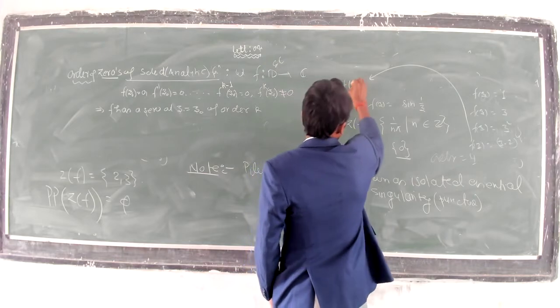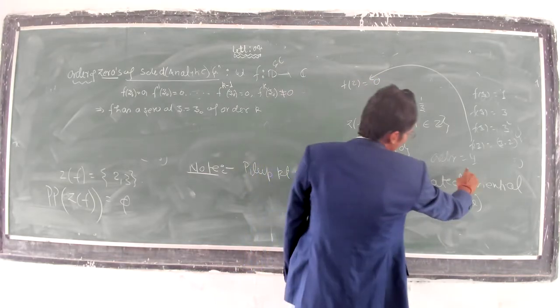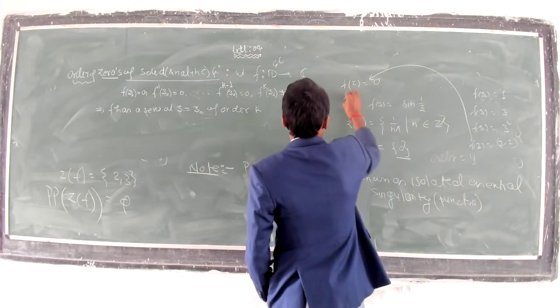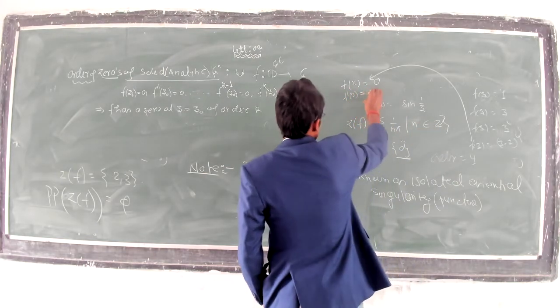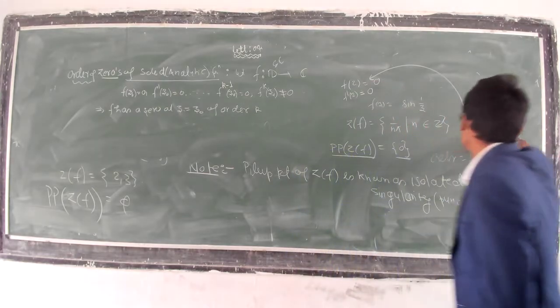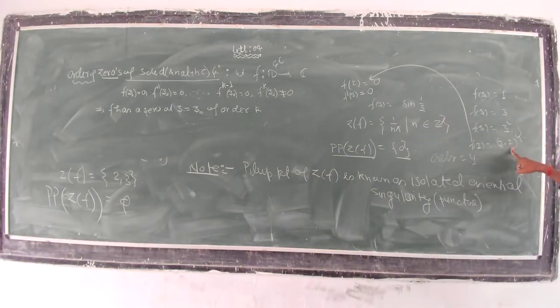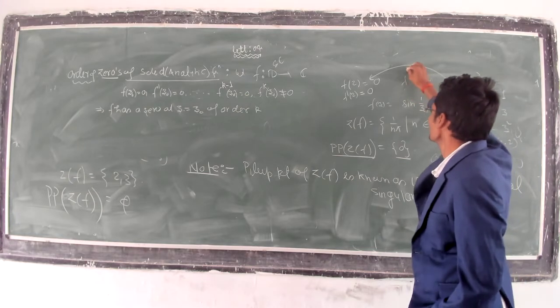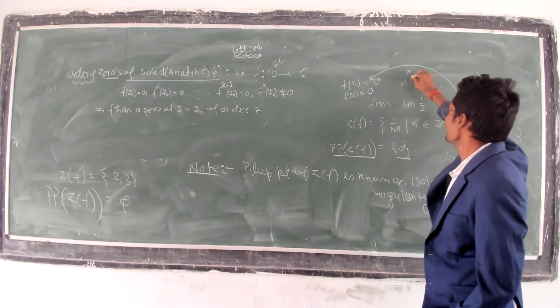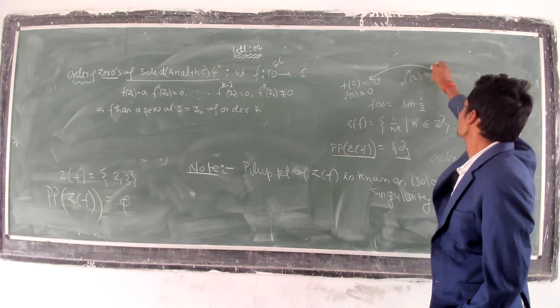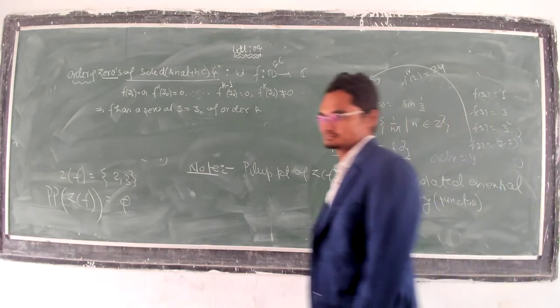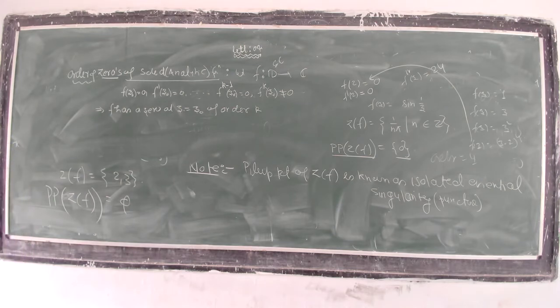Tell me, f(2) will be 0 here? Yes, sir. f dash (2) again 0? Yes, sir. It will be 4 (z minus 2) cube. Similarly, third derivative, fourth derivative. At the last, the fourth derivative will give you 24, which is non-zero. All other lower derivatives will be 0, right? So this is the procedure of calculating the order. Alright?